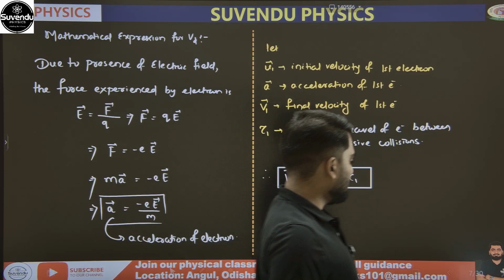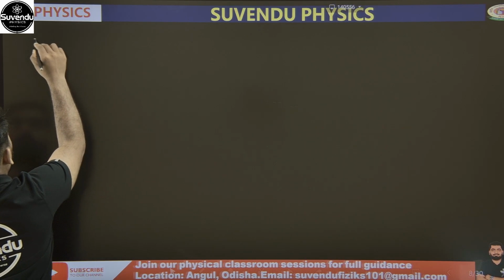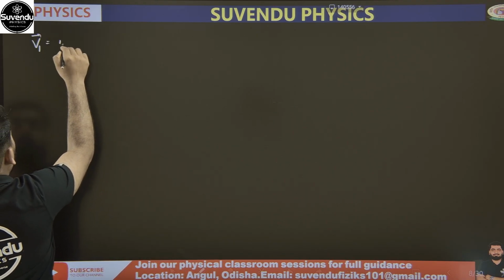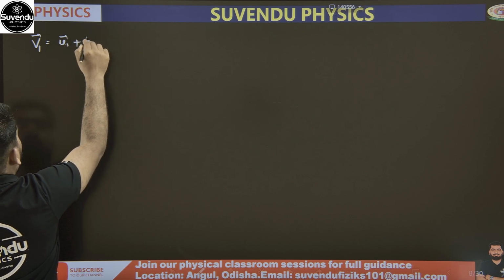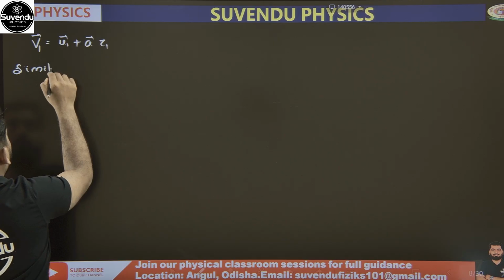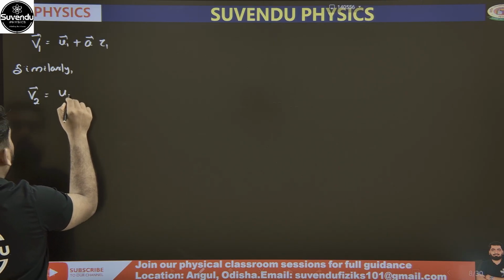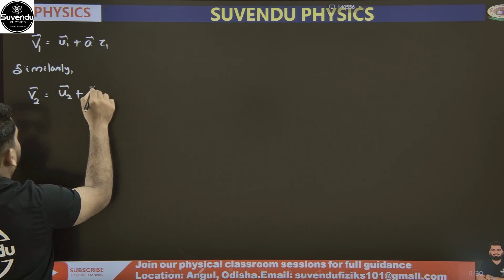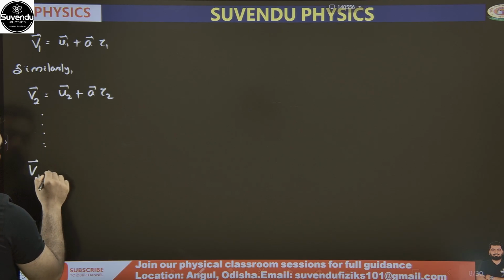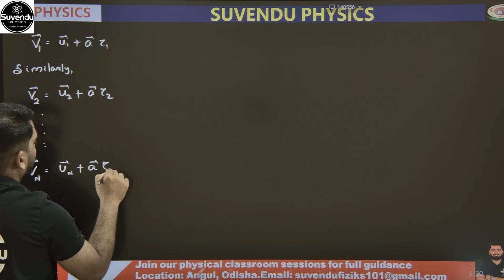Similarly, v2 vector will be equal to u2 vector plus a vector tau2. Like this, vn vector will be un vector plus a vector tau n.